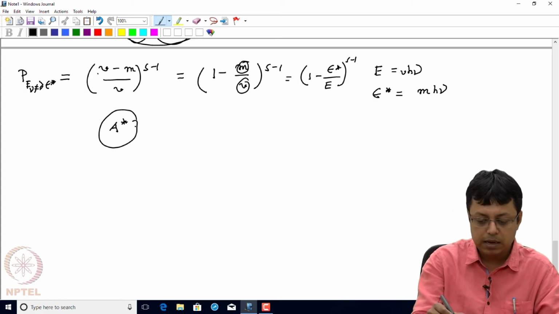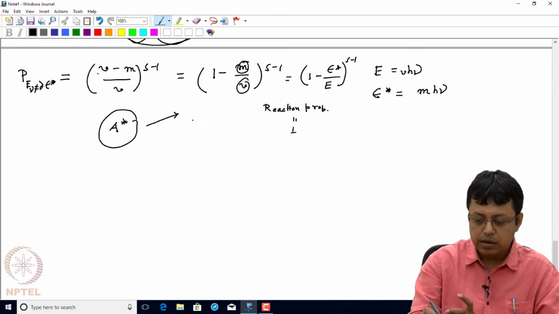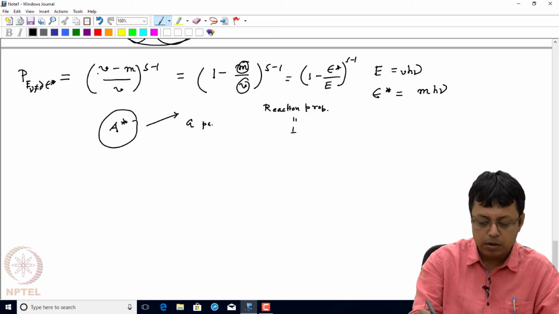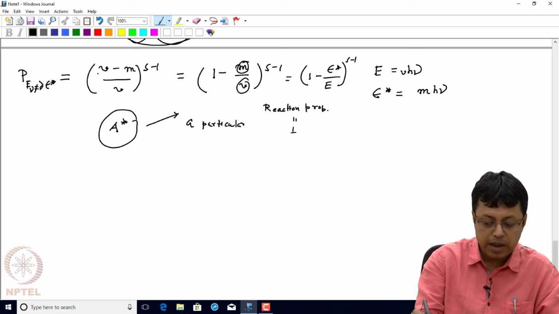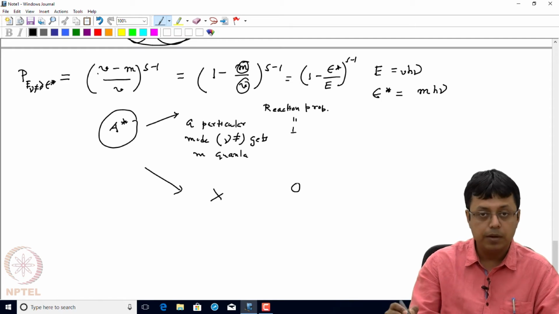In RRKM they said that the reaction probability will be equal to 1 if and only if a particular mode, the reactive degree of freedom which has a frequency nu dagger, gets M quanta, and if it does not get it, then the reaction probability will be 0.